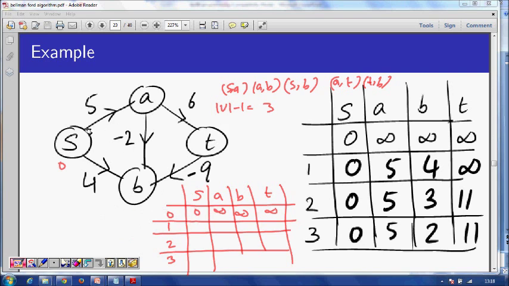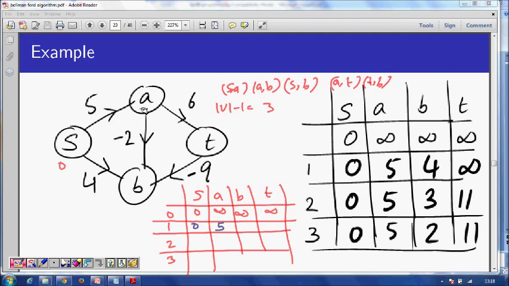Initially I start from S to A and update. What is A now? D of A is infinity, so I make it equal to 5, because d of S, 0, plus 5 is 5. So it becomes 5 now.